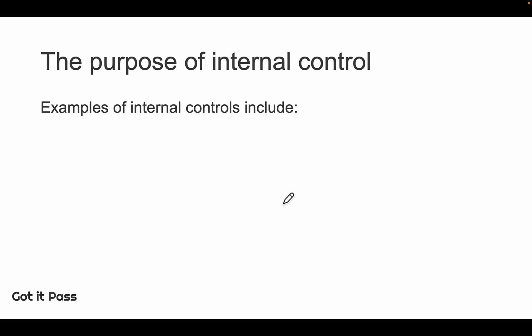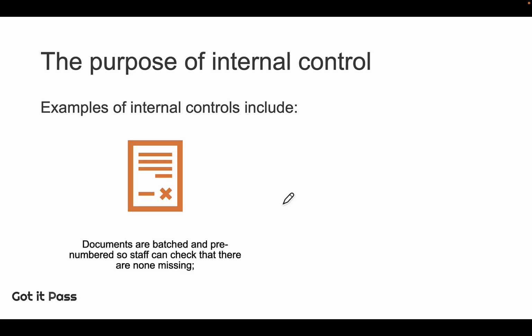And here are the examples of internal controls. First, documents control. Documents are batched and pre-numbered so staff can check that there are none missing. One example is sales invoices.